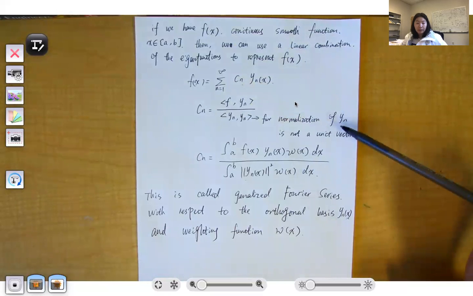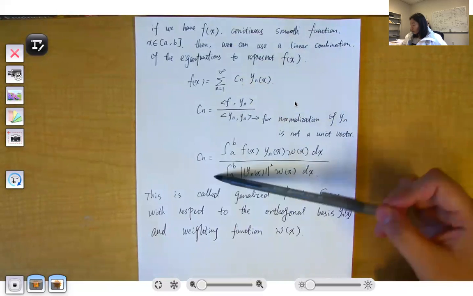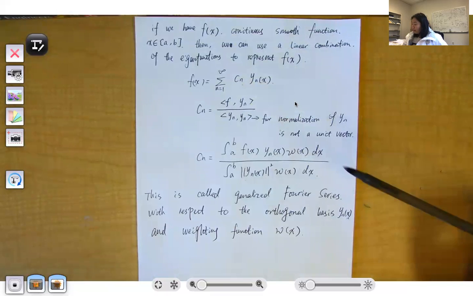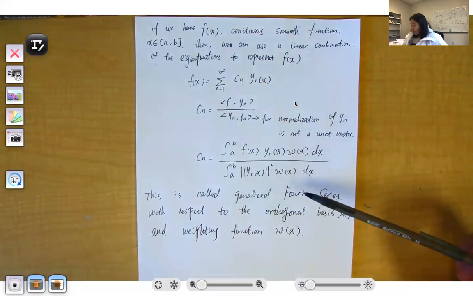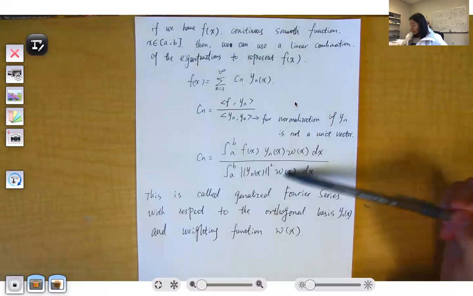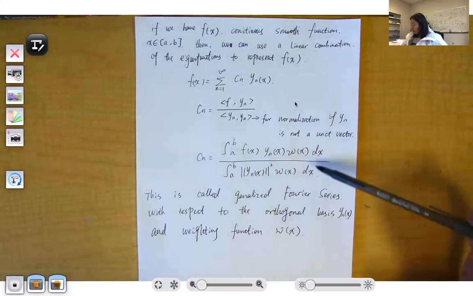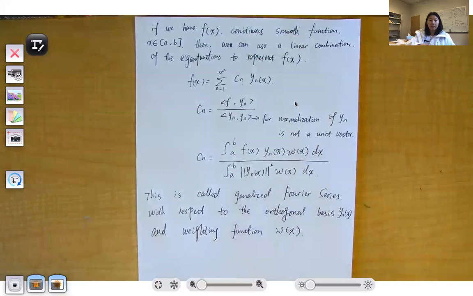If yn is not a unit vector, you can use the normalization part. And this is called the generalized Fourier series with respect to the orthogonal basis set yn and the weighting function omega(x).